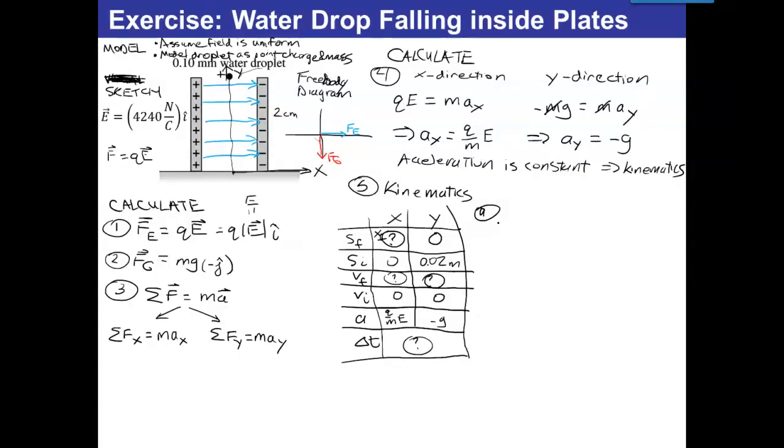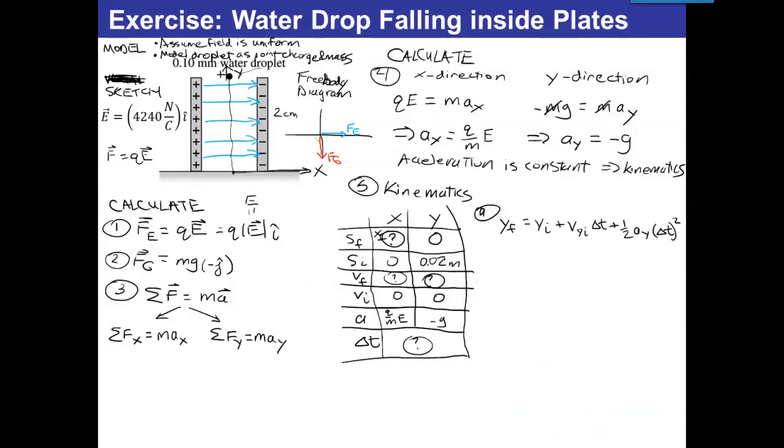Can we get delta t from looking at the equation in the y direction? Well, let's take a look. Let's write down the equation. y sub f is equal to y sub i plus v yi times delta t plus 1/2 a sub y delta t squared.